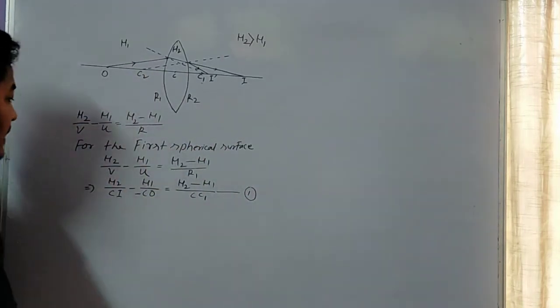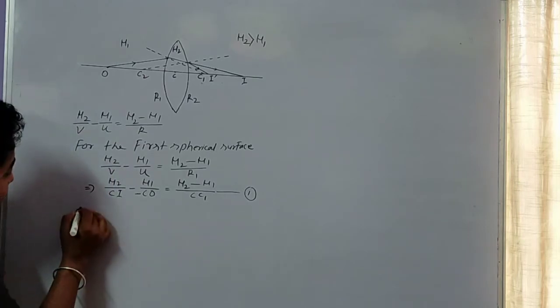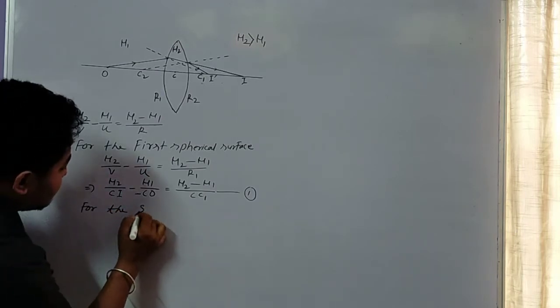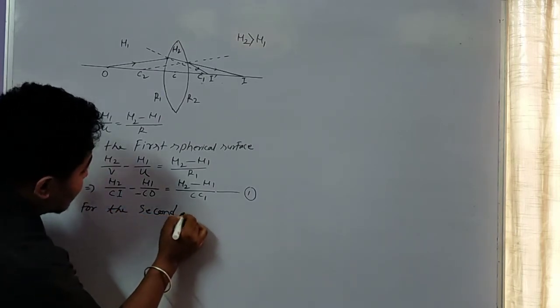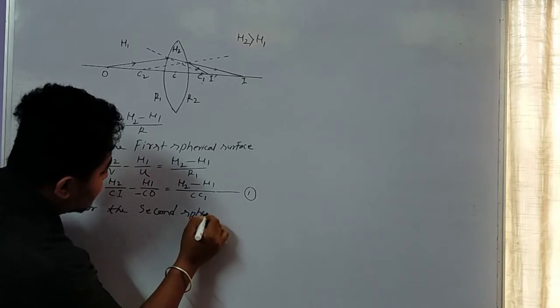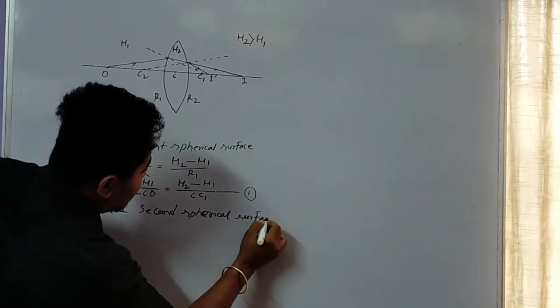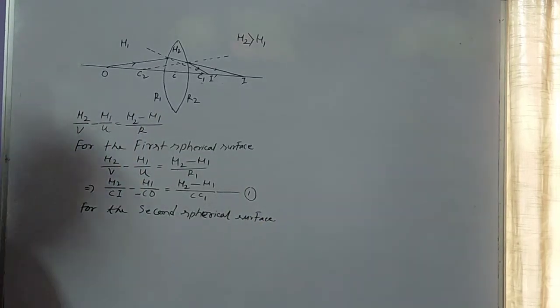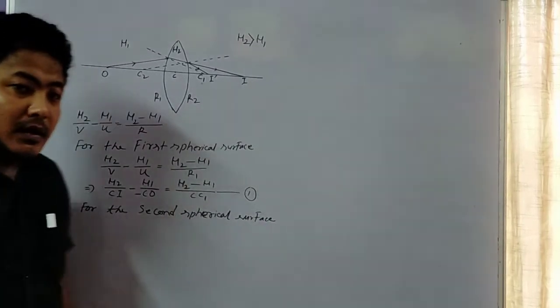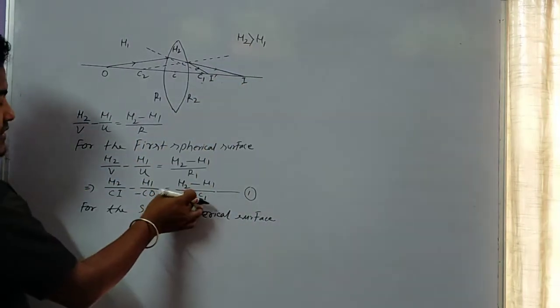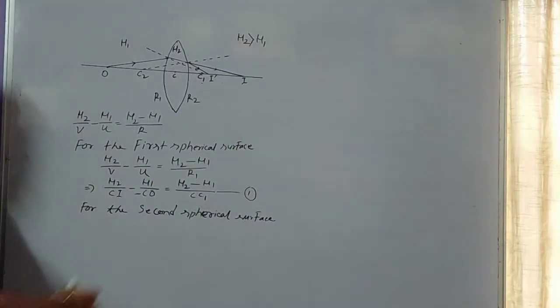Okay. Now for the second spherical surface, one more thing, this CC2 will be positive because it is on the right side of the particular spherical surface.